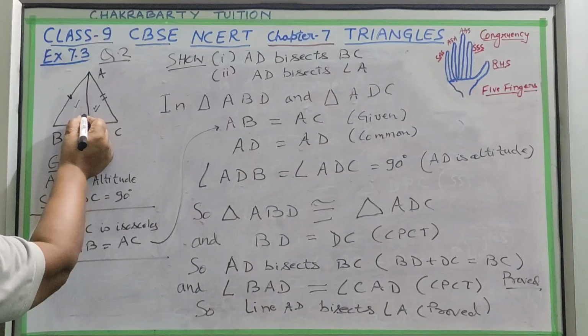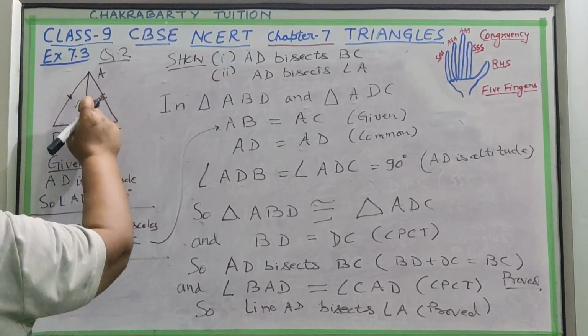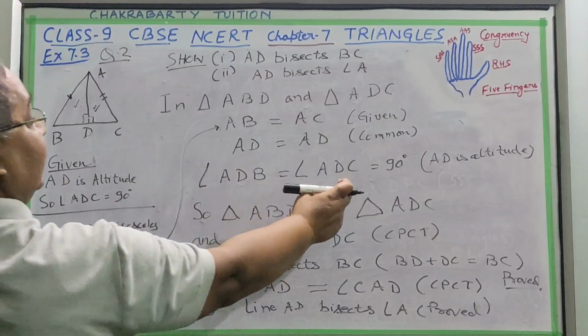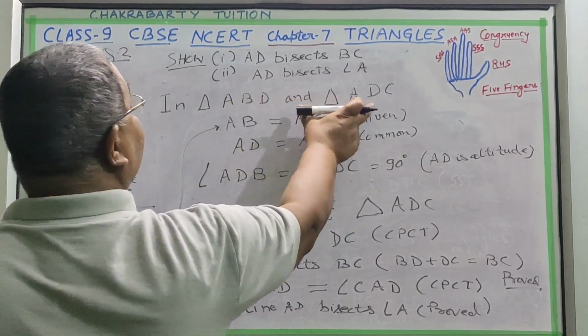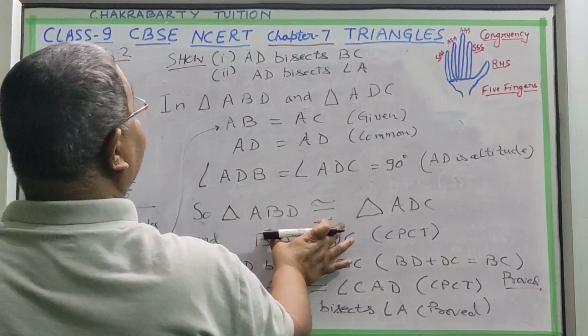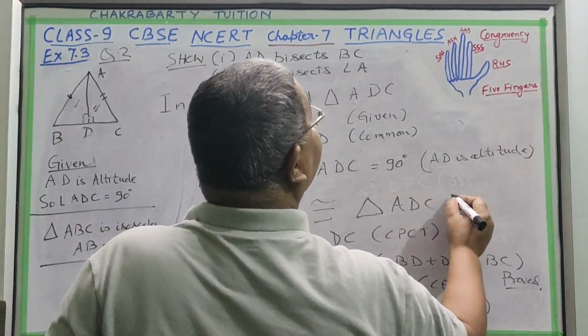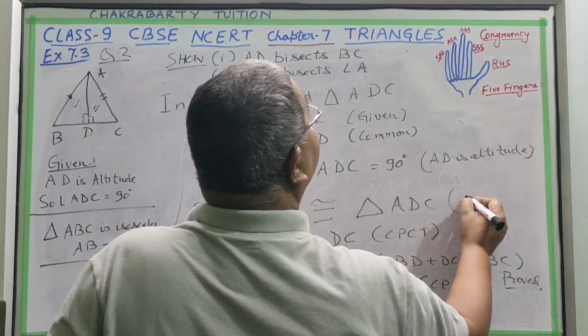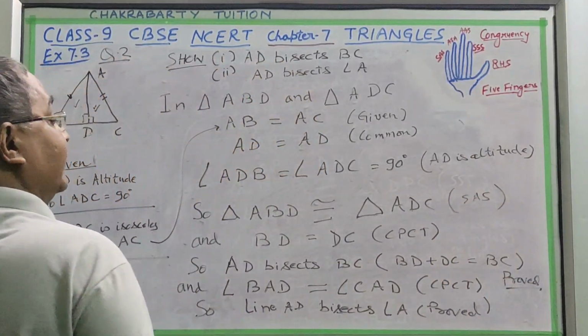So angle ADB will be equal to angle ADC, 90 degrees. These both are congruent triangles because here we have side, angle, side criteria.